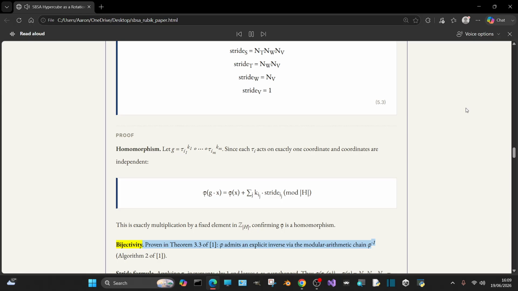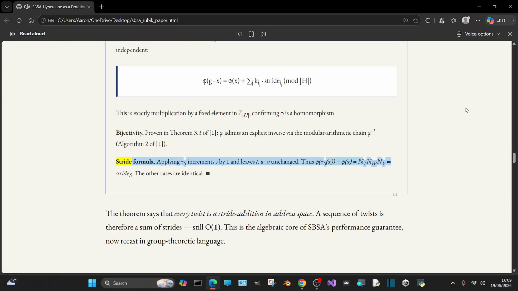Bijectivity. Proven in Theorem 3.3 of [1], phi admits an explicit inverse via the modular arithmetic chain, Algorithm 2 of [1]. Stride formula. Applying R_S increments S by 1 and leaves T, W, V unchanged. Thus phi(R_S·x) − phi(x) = N_T N_W N_V = stride_S. The other cases are identical.